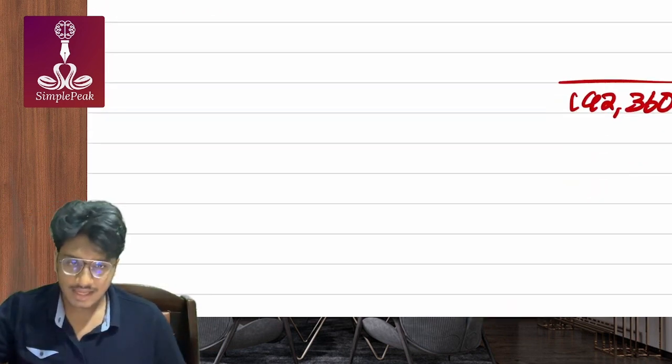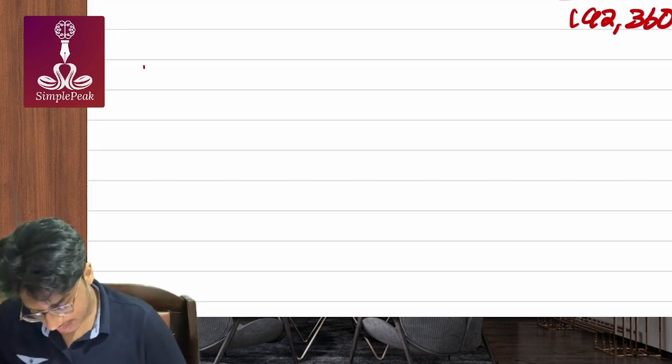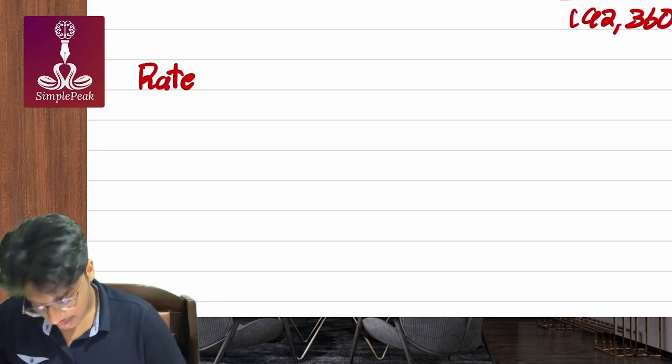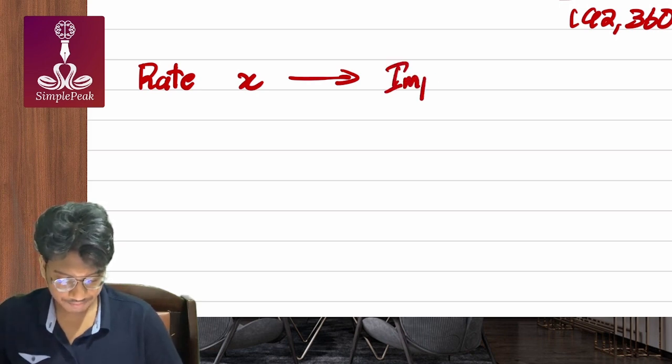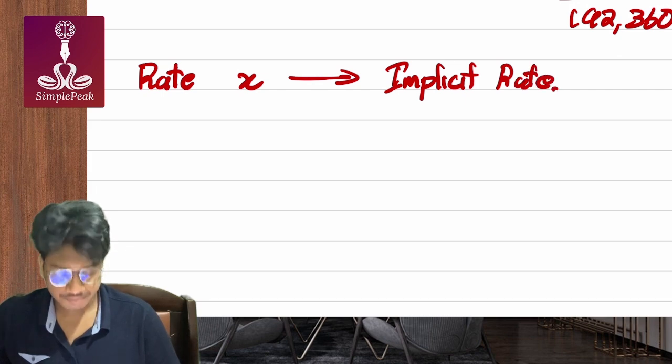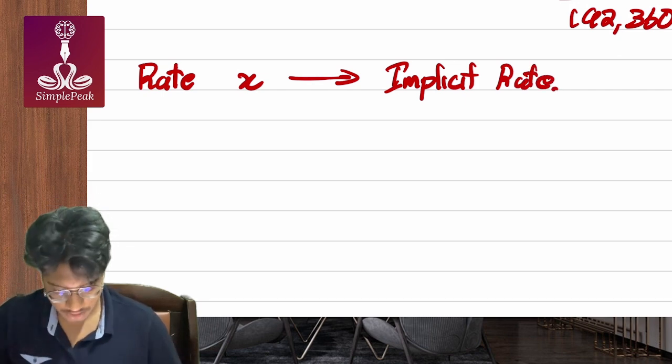Don't write in exam ex-girlfriend. I'm taking it in such a way that the rate X is nothing but the implicit rate. Okay? You take it like that.